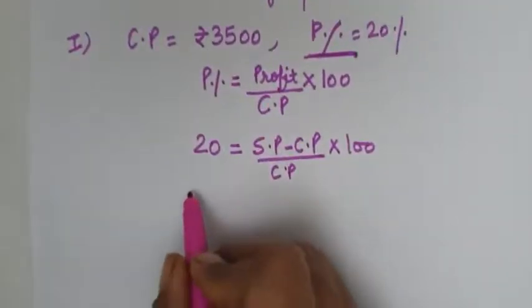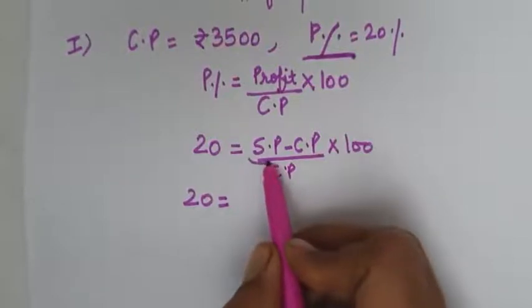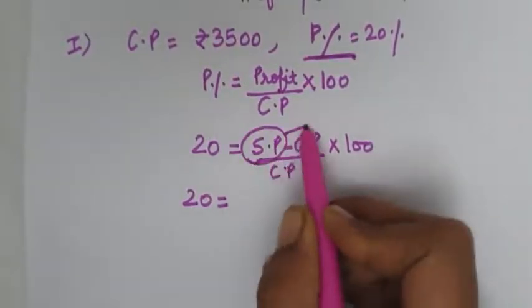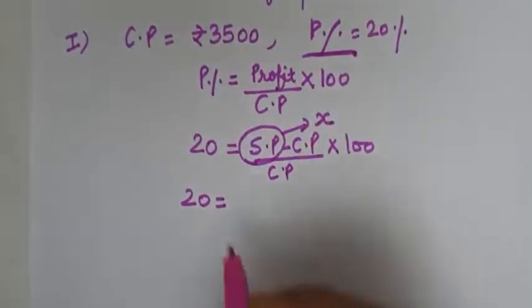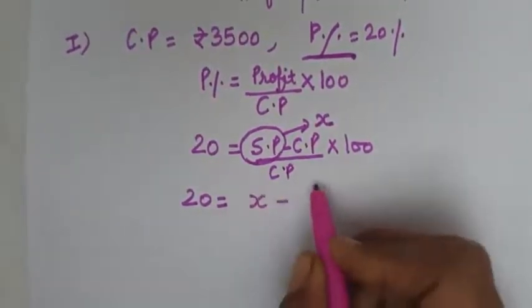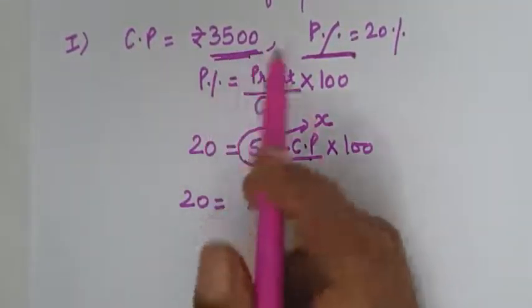Now what do we get? 20 is equal to SP, we have to find out, so let us suppose it equals X. Now X minus what is CP? CP is 3500.